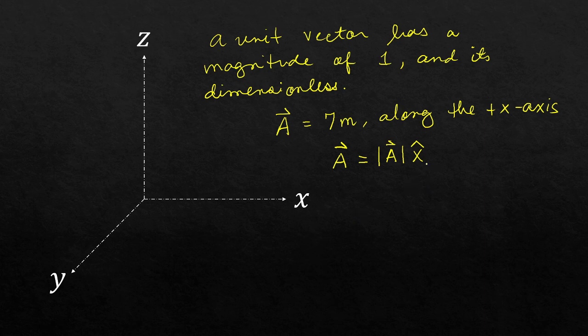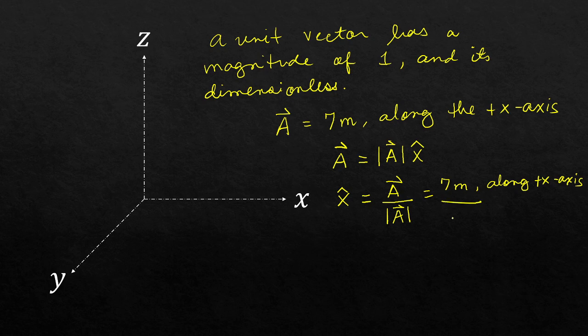So to prove that the unit vector x hat has a magnitude of 1 and it's dimensionless, we could use this expression: vector A divided by the magnitude of vector A. So that would give us 7 meters along the x-axis, and we divide that with the magnitude, which is also just 7 meters.